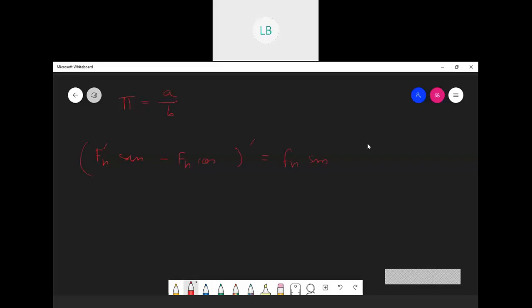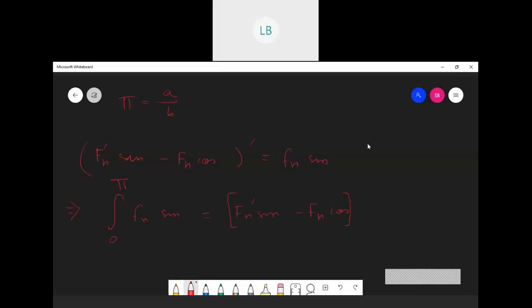So we can say here that the integral of f n sine is equal to the indefinite integral, capital F n dash sine minus capital F n cos. So here we can say the integral from 0 to pi will give you this.